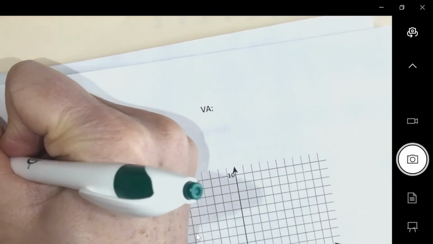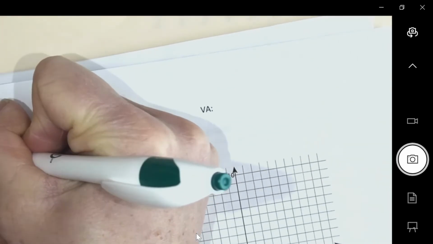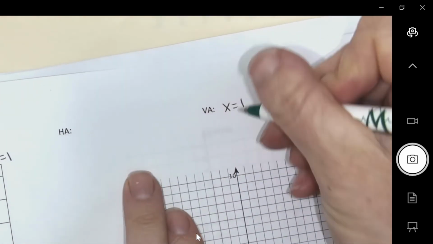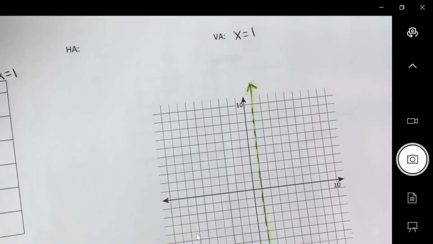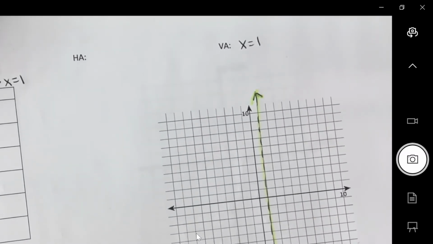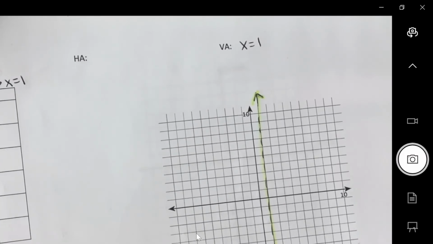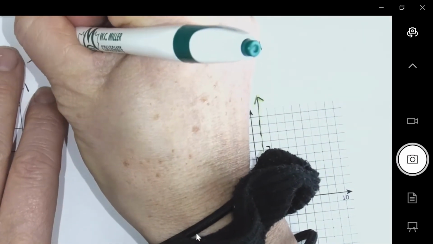Okay, non-permissible value. 1 is the x value on our domain that we're worried about. Is there anything that would cancel that off? Nope. So asymptote. Okay, so we know that. Now let's talk about the degrees.